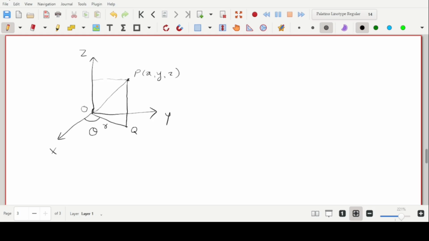This is the z coordinate. Let it be as it is.